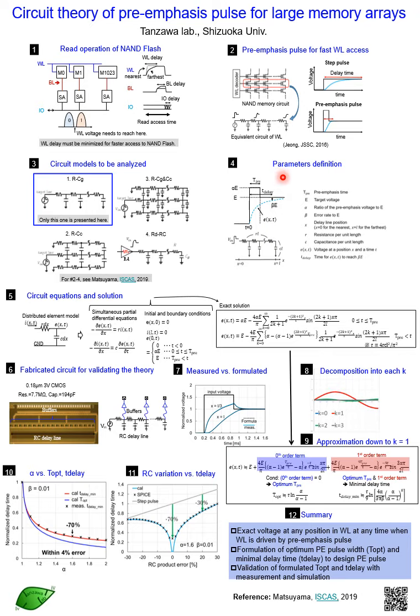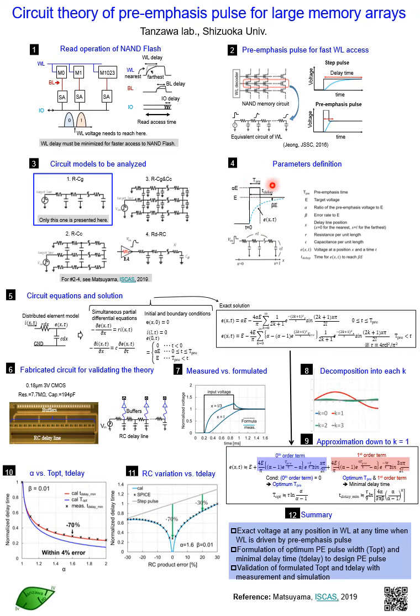Here's the parameter definition. Capital E indicates the target voltage of the word line. Alpha shows the pre-emphasis, so alpha must be greater than 1.